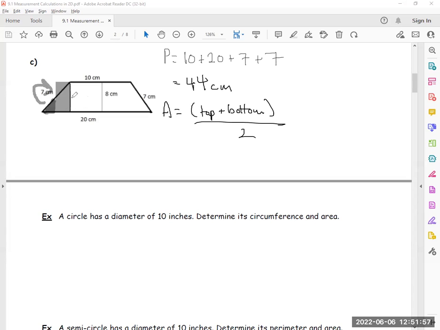Does that make sense? I'm going to cut that little piece and create a rectangle. Same with this triangle. I can take that piece and cut that part off, bring it to the top so that I have another rectangle. All of a sudden, what do you notice? I have a normal length times width situation.